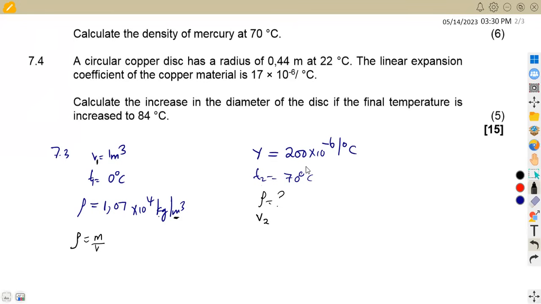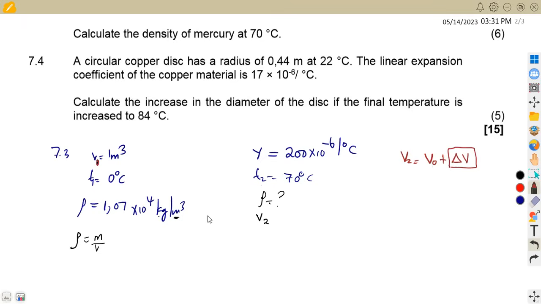So how can we do this? Remember that the second volume, V2, can be obtained from this formula: V2 is equivalent to the original volume plus the change in volume. The original volume is our V1 here; we can just have this as V0.